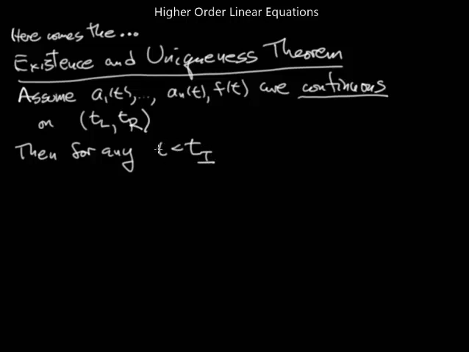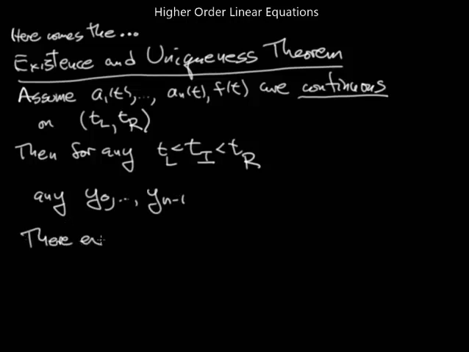And the initial value problem is that you're given some t initial in this region. And the statement is that for any initial conditions, y0 up to yn minus 1, there exists a solution to the equation, and it's unique. There's a unique solution of the equation with the given initial conditions.